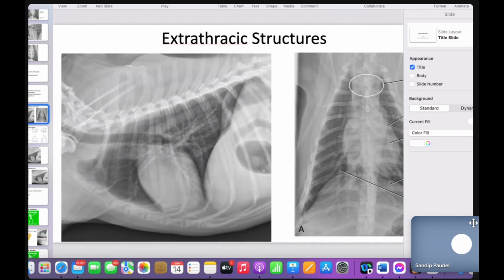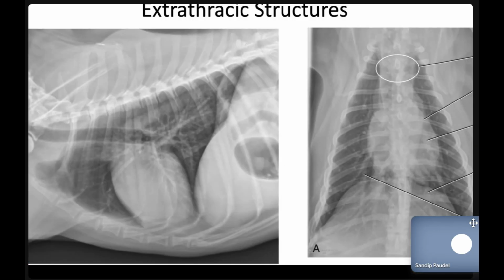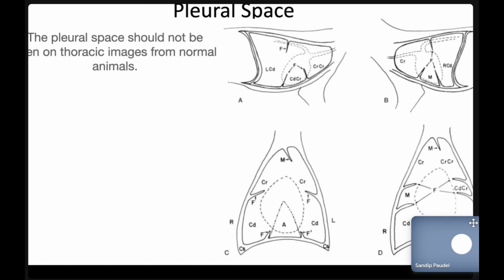Now the next is pleural space. The pleural space should not be seen on thoracic images from normal animals. Normally it is not visible because it is a very small space in between the lung lobes and the thoracic wall. If we look very minutely here between the lung lobe and the thoracic wall, there is a thin layer, but it is folded.